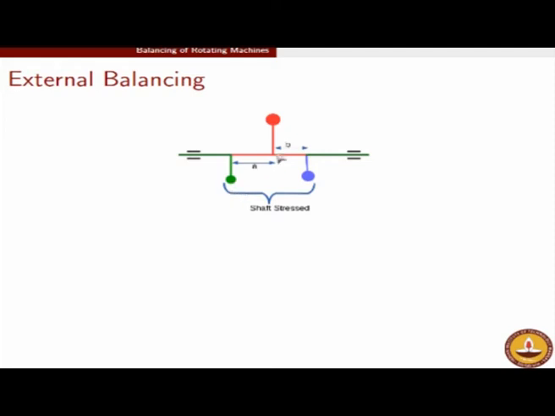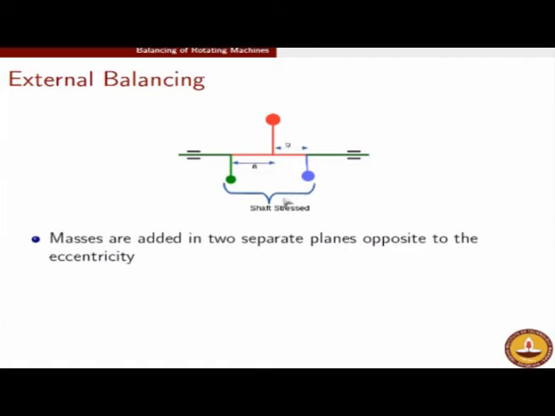So in two plane balancing, in addition to the actual eccentric, which is denoted by red, we will put two counter masses at two different planes, separated by distances a and b. The fact that we will have a second unbalance to put will ensure that both the forces as well as the moments are kept to 0.